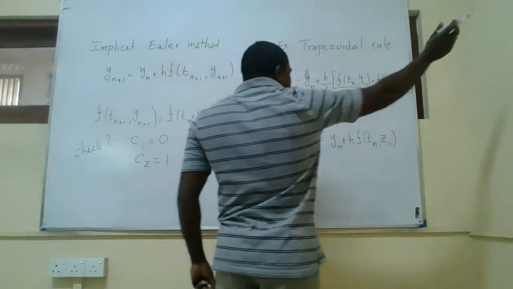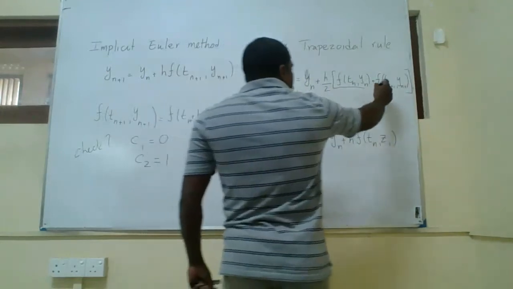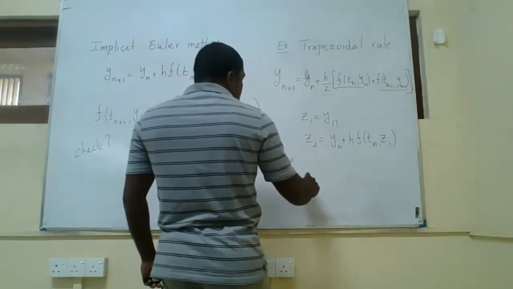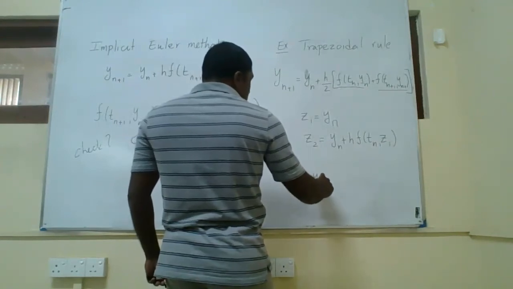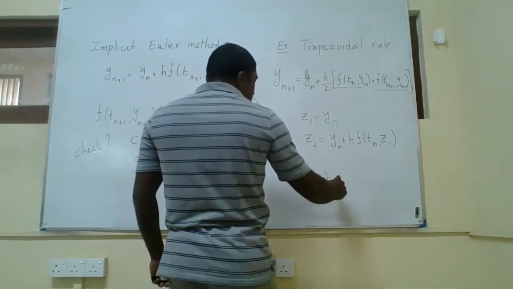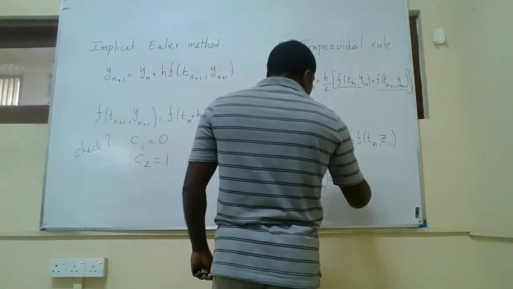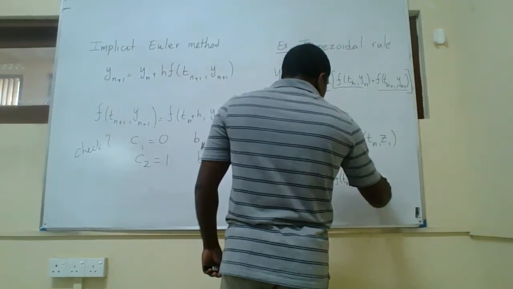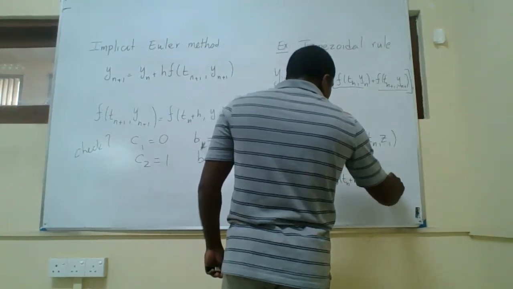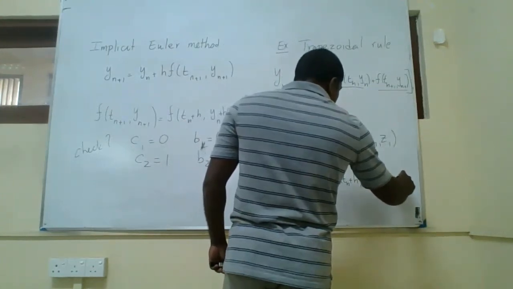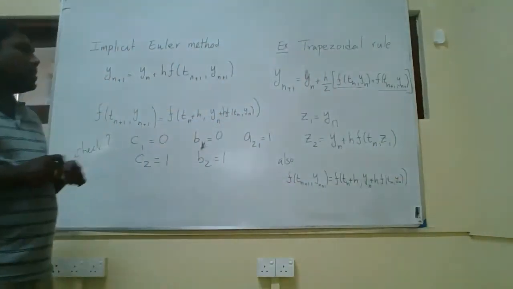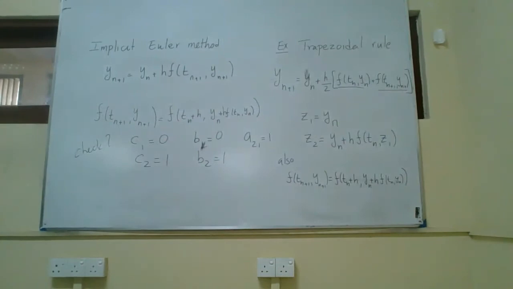You don't need to worry. This one is f of t_{n+1}, y_{n+1}. You can always write it as f of t_n plus h, y_n plus h times f of t_n, y_n, by using the explicit Euler method.